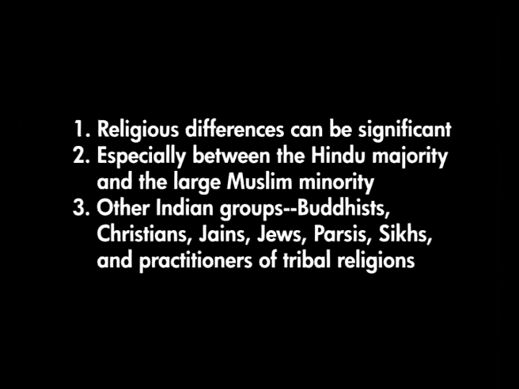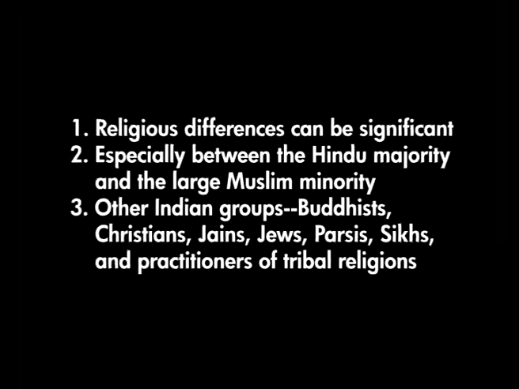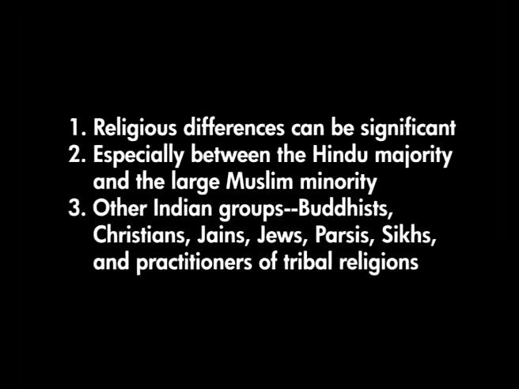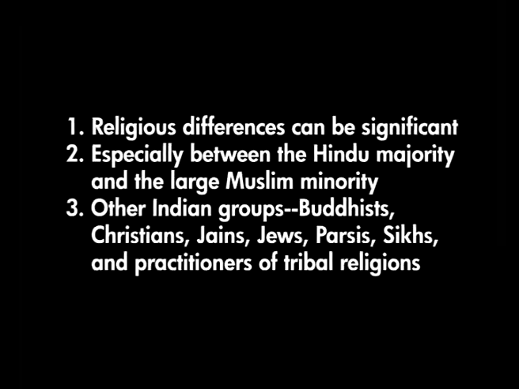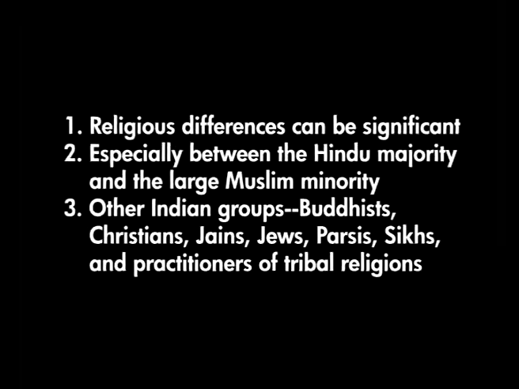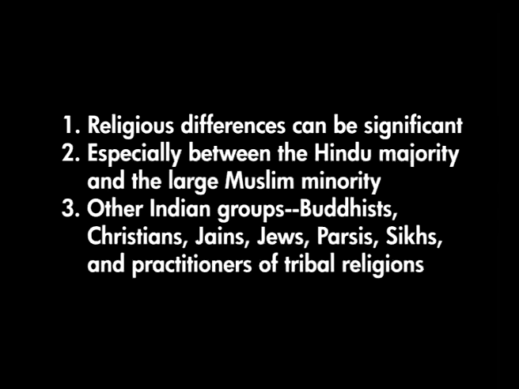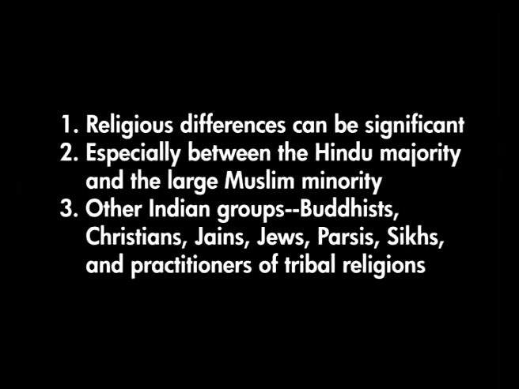Throughout the country, religious differences can be significant, especially between the Hindu majority and the large Muslim minority and other Indian groups. Buddhists, Christians, Jains, Jews, Parsis, Sikhs, and practitioners of tribal religions all pride themselves on being unlike members of other faiths. Access to wealth and power varies considerably, and vast differences in socio-economic status are evident everywhere.